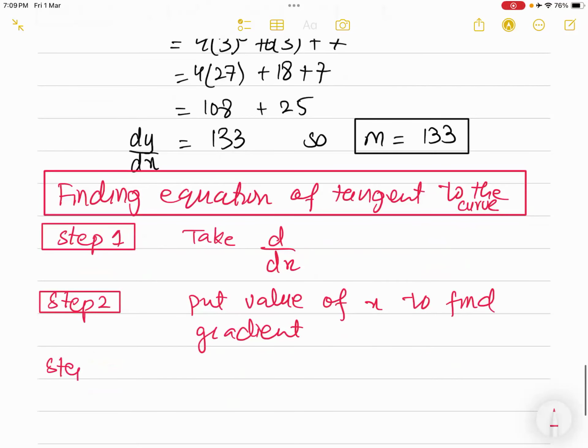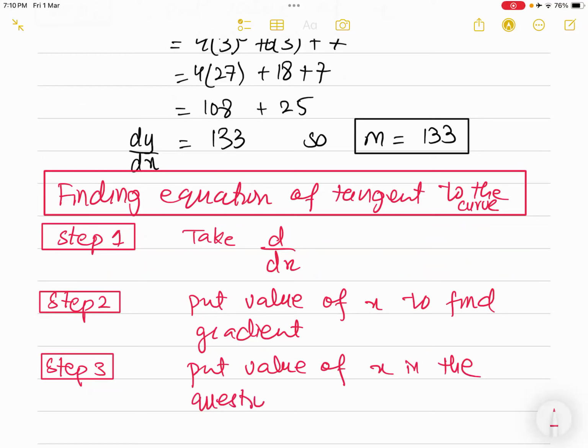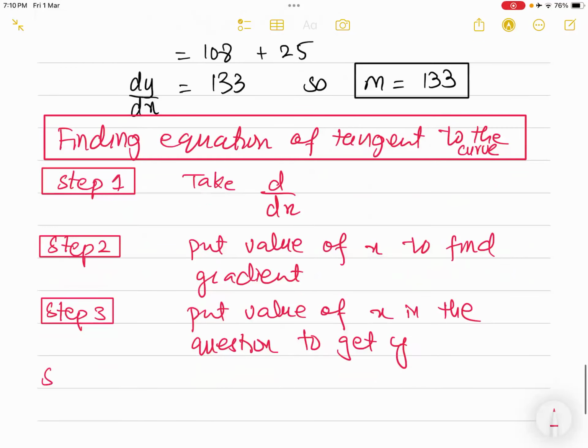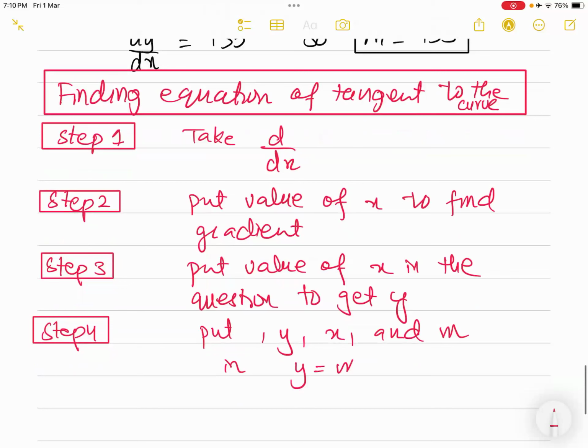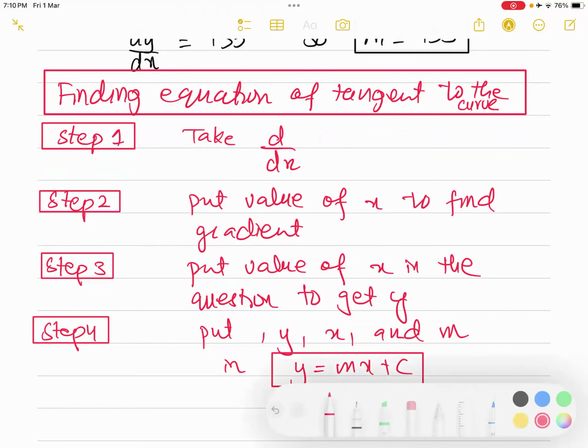Step 3, put value of x in the question to get y. Step 4, put y, x and m in y equals mx plus c to get the equation of the tangent.